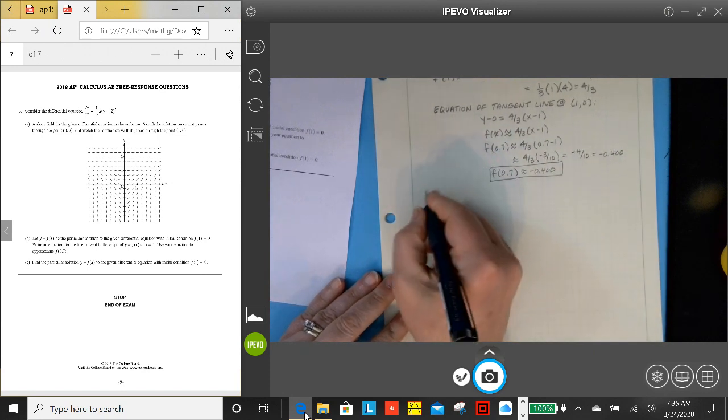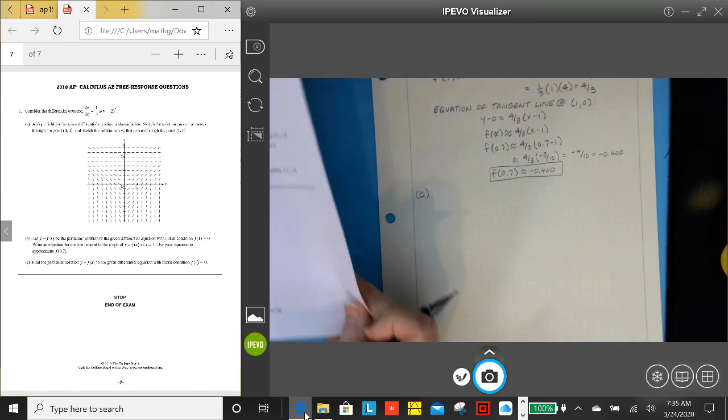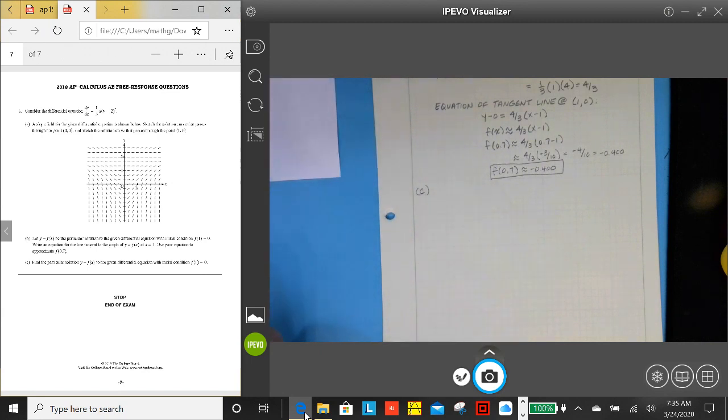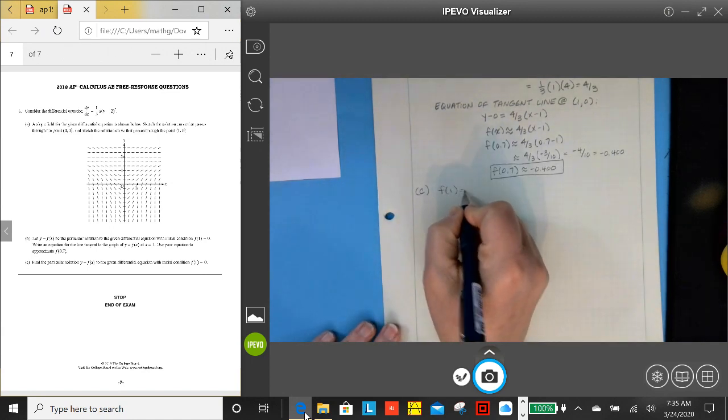Let's look at what part C says. Part C says, find the particular solution y equals f(x) to the given differential equation with the initial condition f(1) equals 0. So again, they're telling us that f(1) is equal to 0.